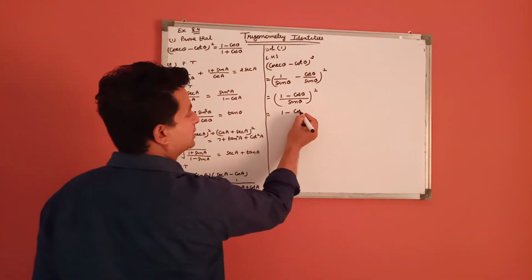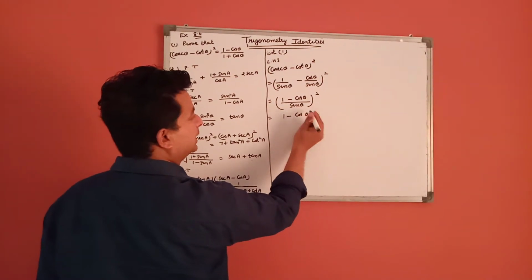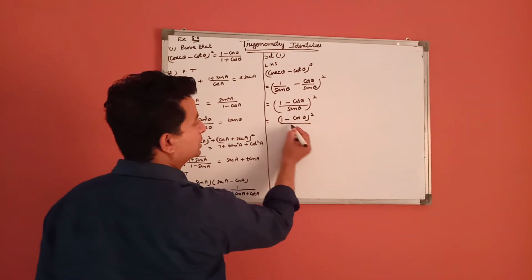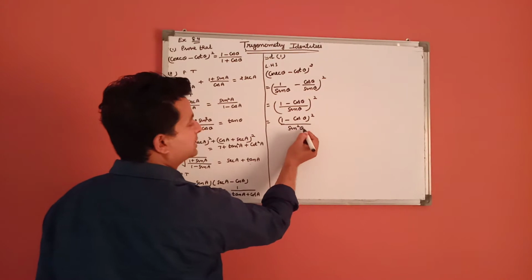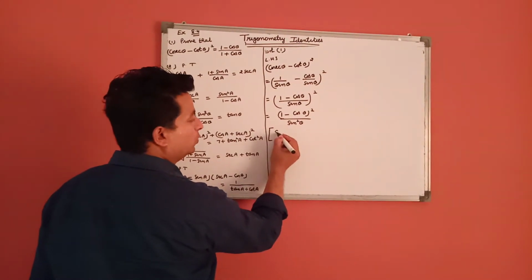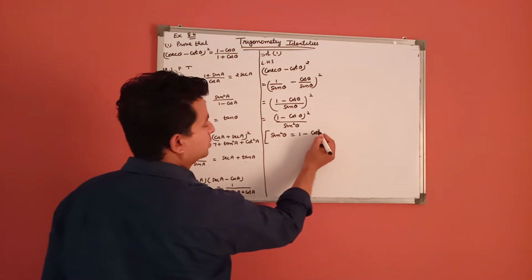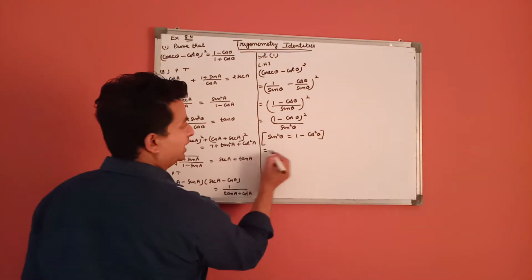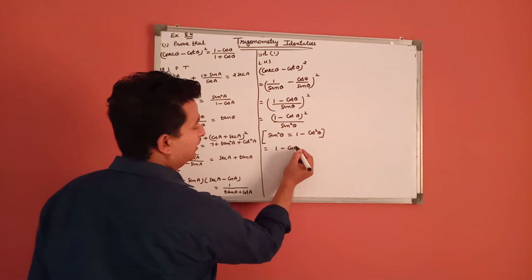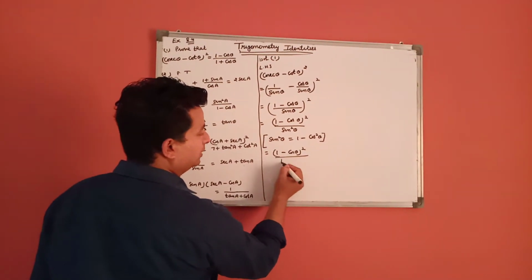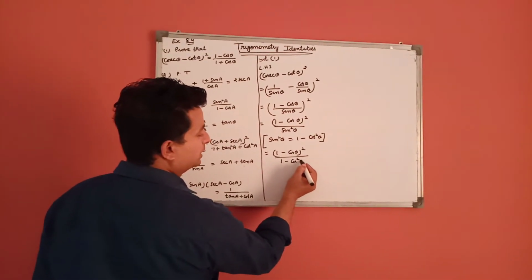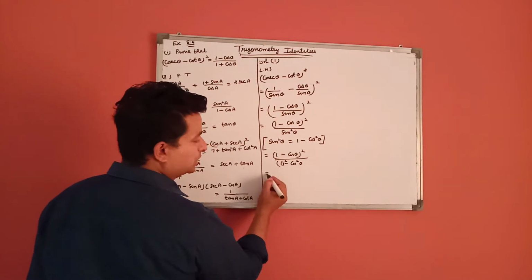When we take the square of each, that is (1 minus cos theta) whole square divided by sin square theta. As we know, sin square theta equal to 1 minus cos square theta. When we put this value here, we get (1 minus cos theta) whole square over (1 minus cos square theta), where 1 is 1 whole square.